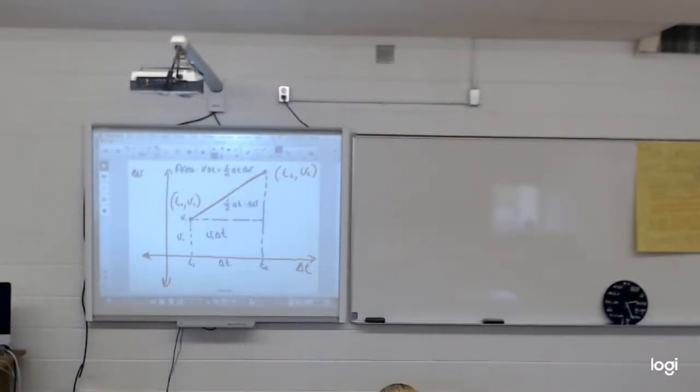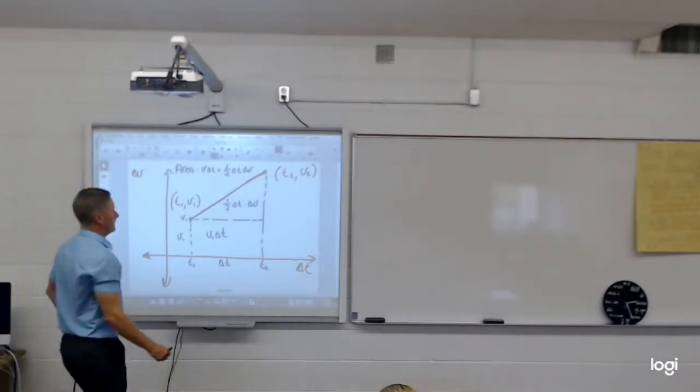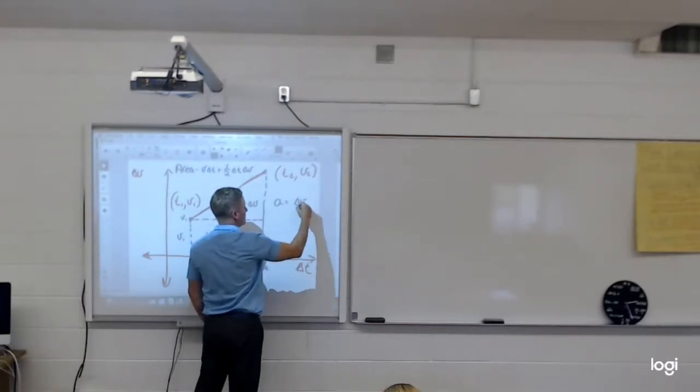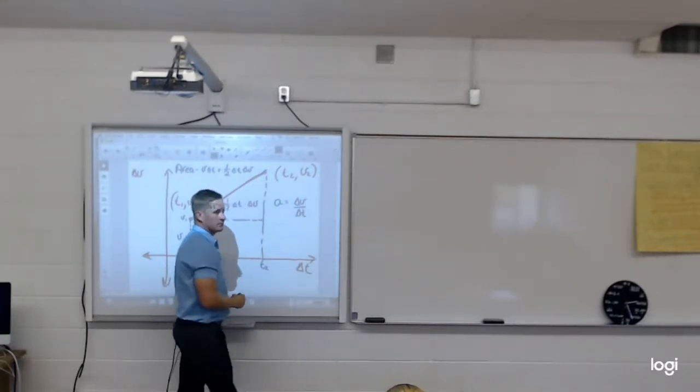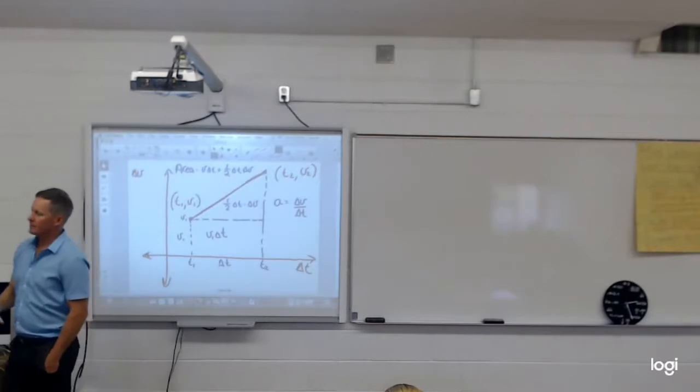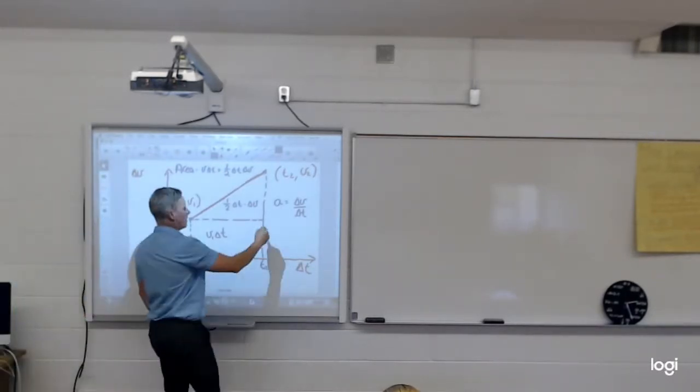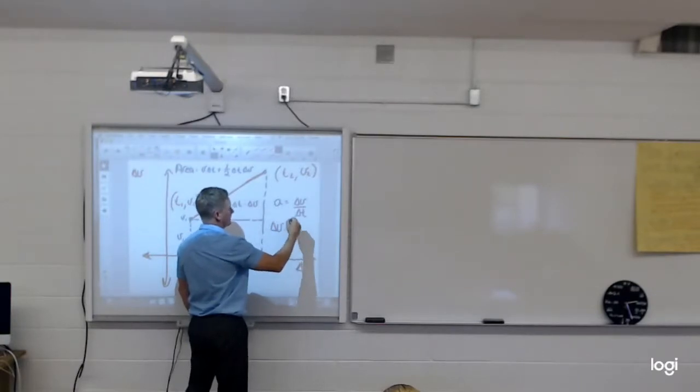Okay? But I'm going to change this change in velocity. I've got acceleration equals change in velocity over change in time. We all agree? So if I multiply that t up, my change in velocity would be equal to what here in this equation?